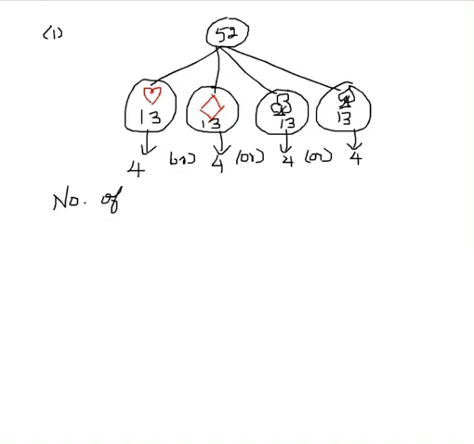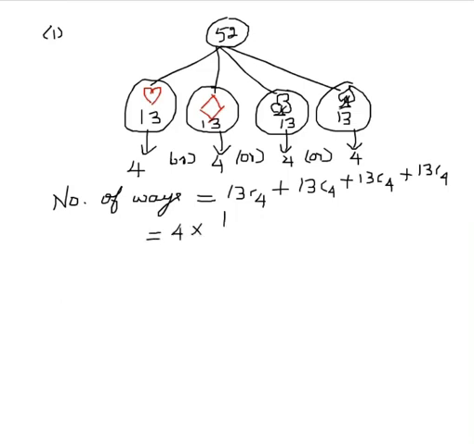Therefore, number of ways of selecting 4 cards of the same suit is equal to 13C4. For OR we do addition. 13C4 plus 13C4 plus 13C4 plus 13C4. Repeated addition is multiplication, so it becomes 4 times 13C4, which is 4 times 13 factorial divided by 4 factorial into 9 factorial.